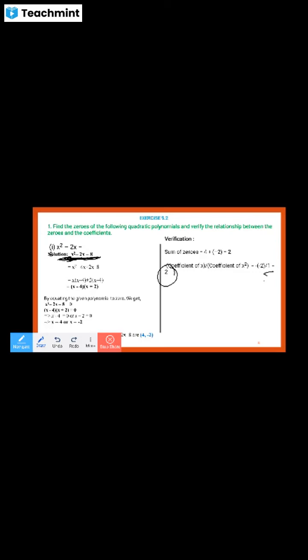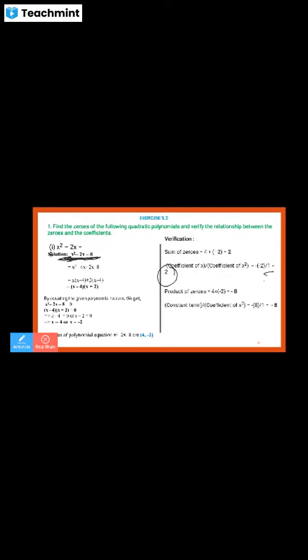See what will happen? Product of zeros is minus 8. Product of zeros is given by what? A constant term divided by coefficient of x square.